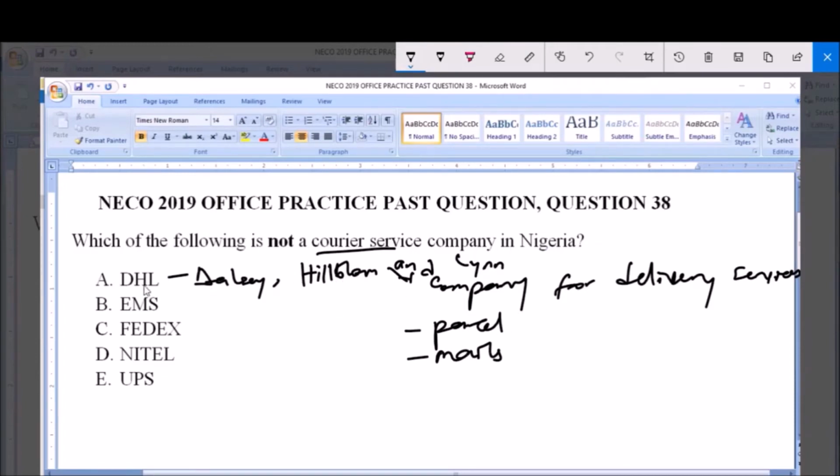So, this is a courier service in Nigeria. Now, B means Express Mail Service, and it's also a delivery service company in Nigeria. Now, C says FedEx, which is a short form of Federal Express, also a delivery service company in Nigeria.